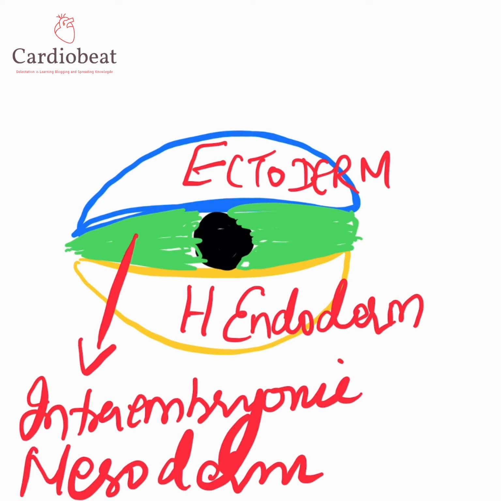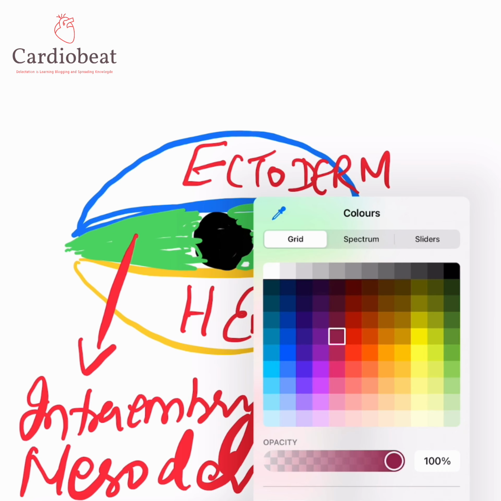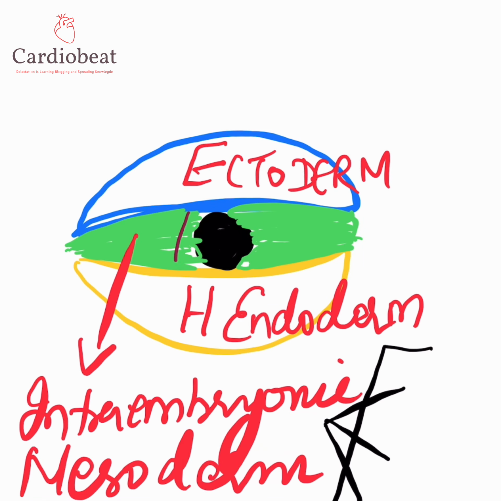This intraembryonic mesoderm is further getting segregated into three parts, from its medial end to the lateral end. How are we going to draw that? Let me show. This is the most medial part of the intraembryonic mesoderm.